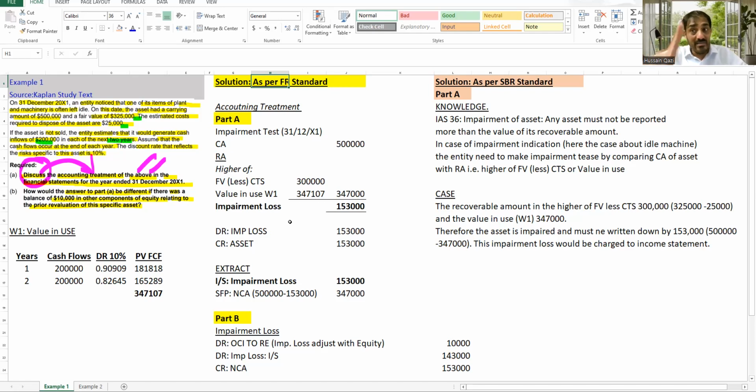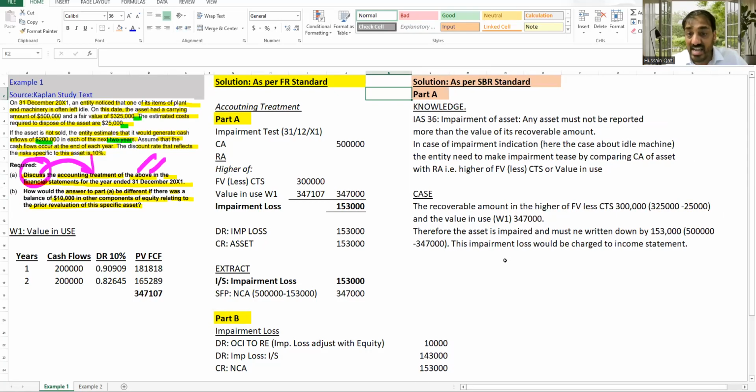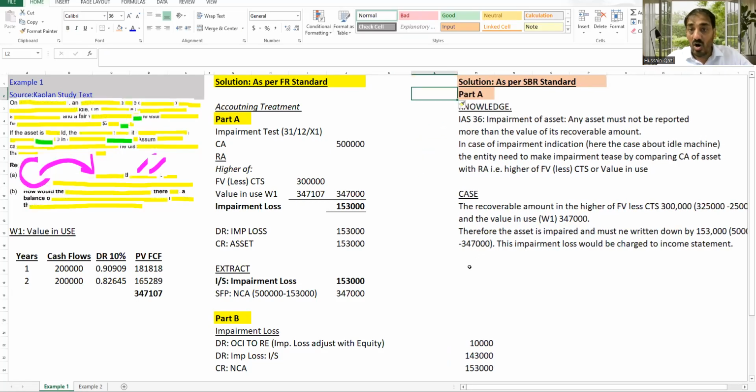The examiner expects that whatever you are doing, you have a demonstrative ability to explain your answer with the principle and the accounting treatment. But one very important thing, sir: do we have to mention all the things according to the accounting standard?